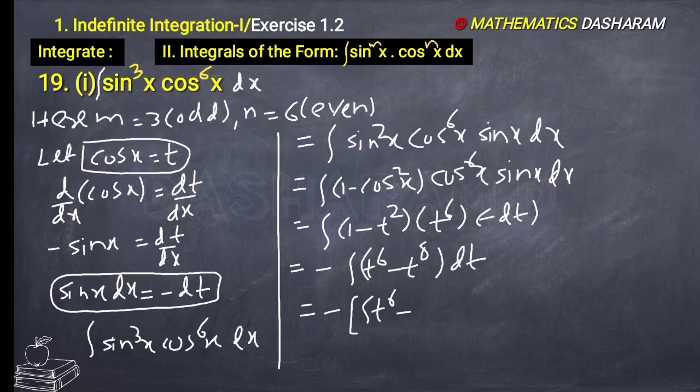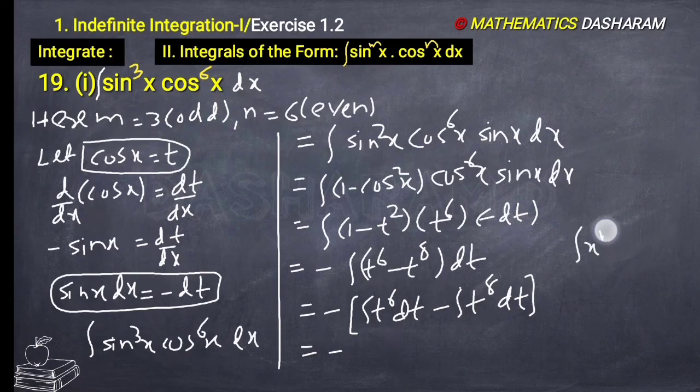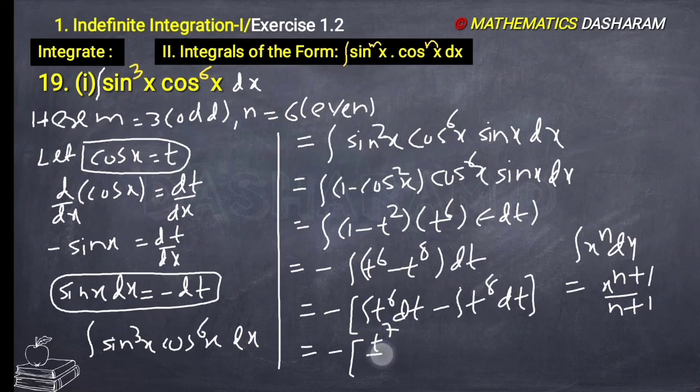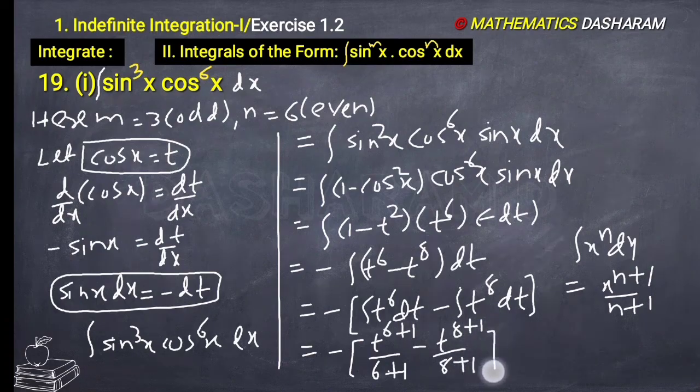Minus integration t power 6 dt, minus integration t power 8 dt, and next, the integration formula for x to the power of n. What is that? X to the power of n plus 1 by n plus 1. So then integration t power 7 by 7, because 6 plus 1 by 6 plus 1, minus t to the power of 8 plus 1 by 8 plus 1, and add one constant c.